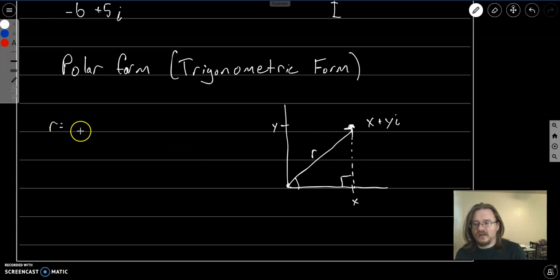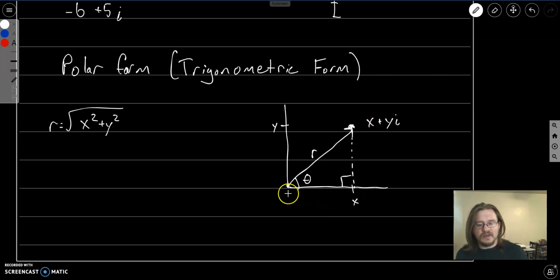So r, if I solve for that with the Pythagorean theorem, is going to be x squared plus y squared, but that will be r squared, so I take the square root. And there you go. So the length of this vector is going to be the square root of x squared plus y squared. This angle in here as well, I can give this in terms of x and y.